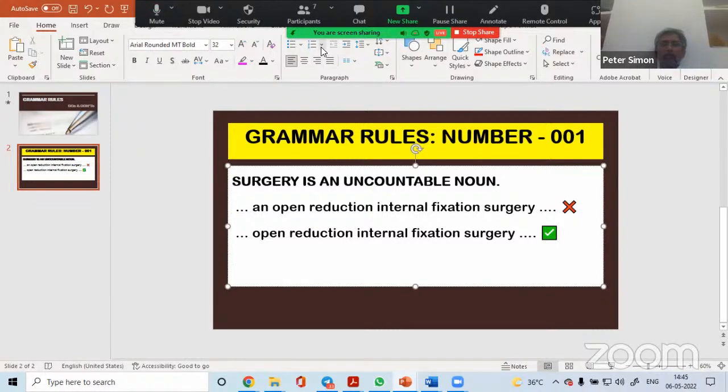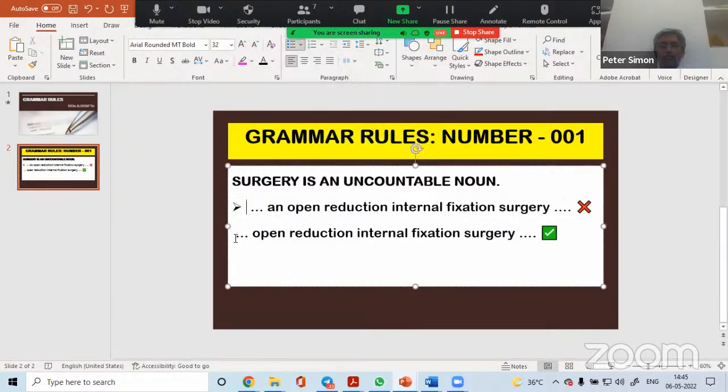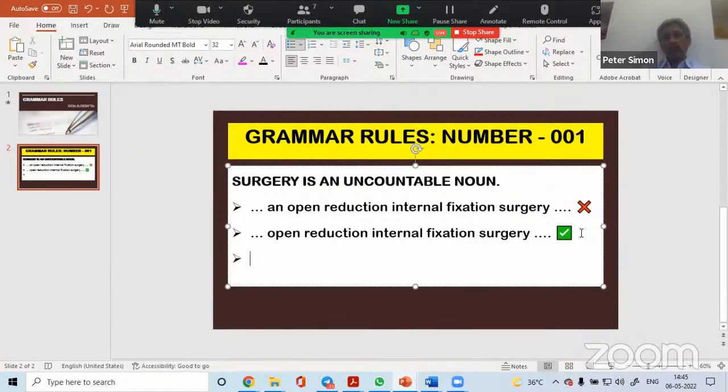So be a little careful here. The rule is surgery is an uncountable noun.